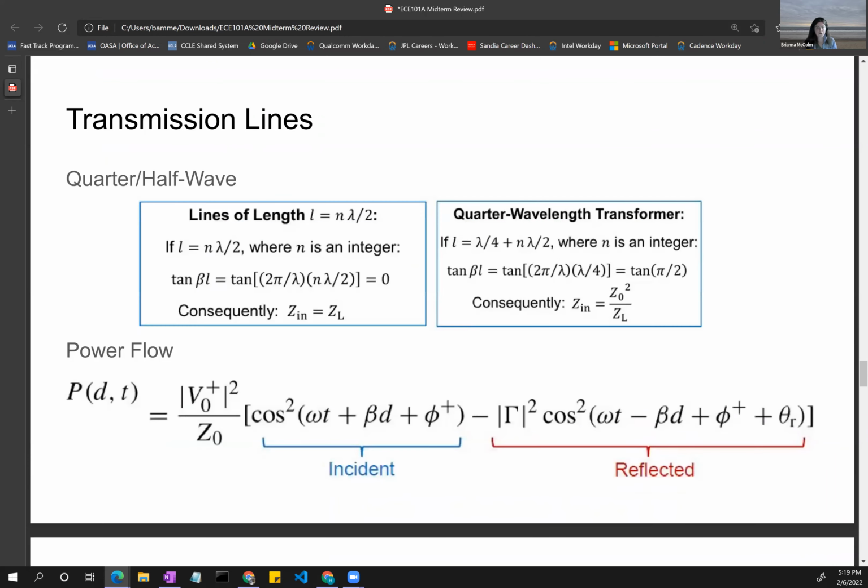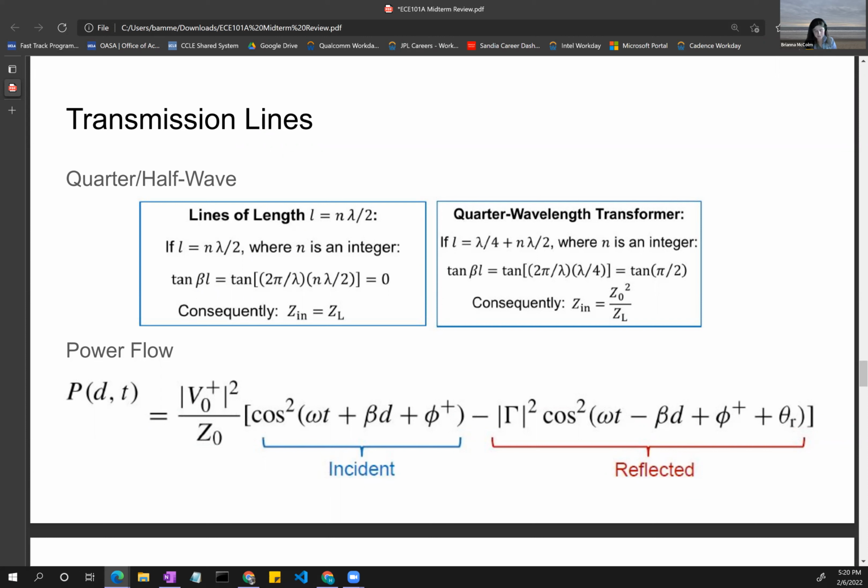And finally, two important wavelengths of a transmission line are the quarter wavelength transformer and the half wavelength. These are just some useful relationships to know so that you don't have to derive them if you're dealing with one of those specific types of transmission lines. And then it's also important to remember this power flow equation.